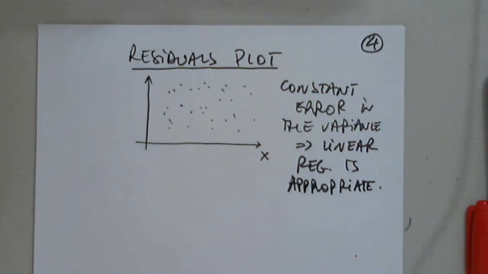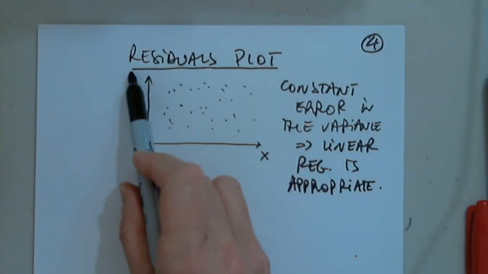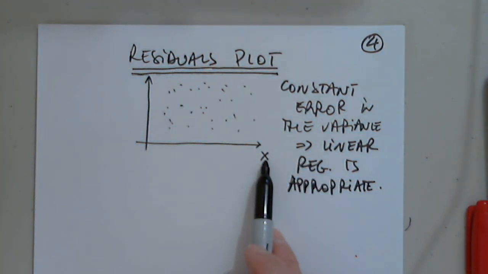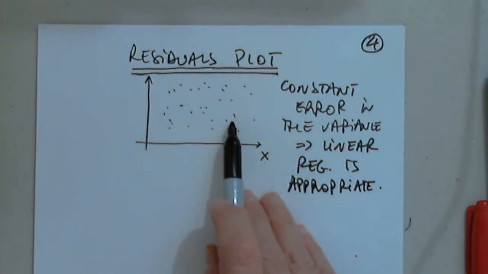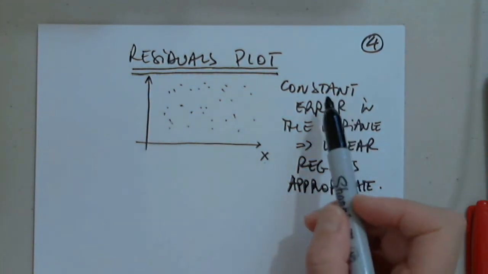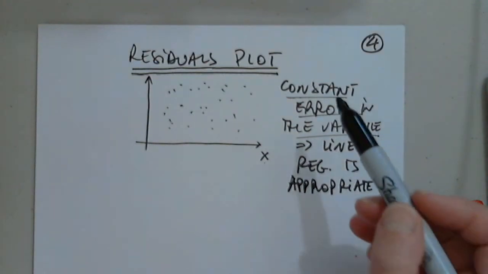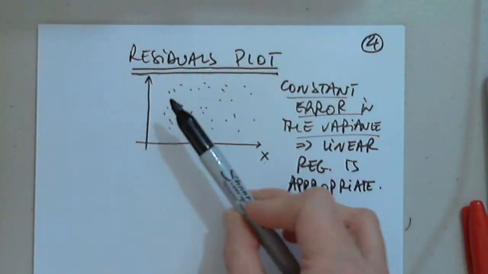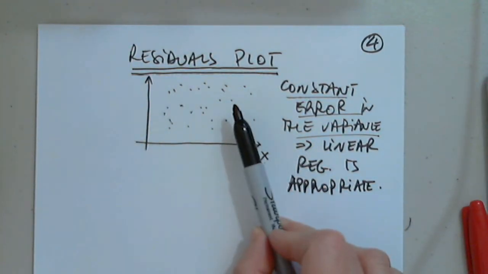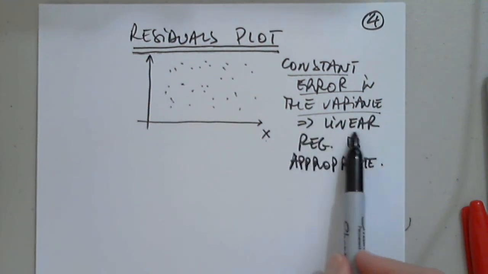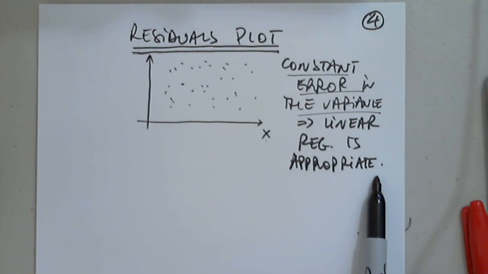So why would we want to plot the residuals versus the explanatory variable? To see if there is a pattern. If there is no pattern, it means that the constant error in the variance is, so it's a constant error. All observations have a constant error. So that means that the linear regression is appropriate as a model.